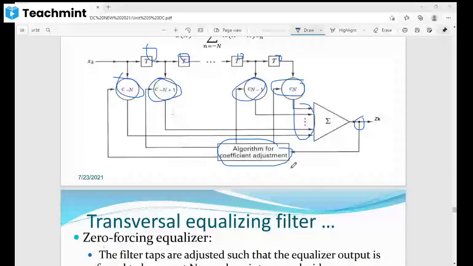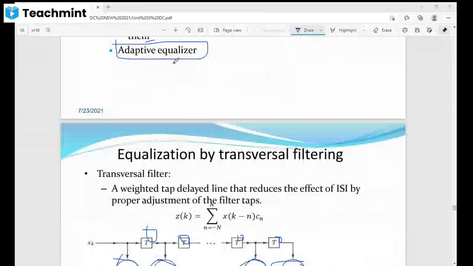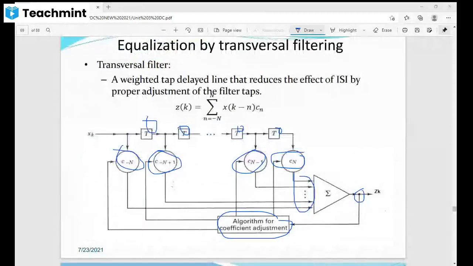So in this way, by adjusting the coefficients, the delays also change, and you can reduce the ISI. So you can maximize the signal to noise ratio.